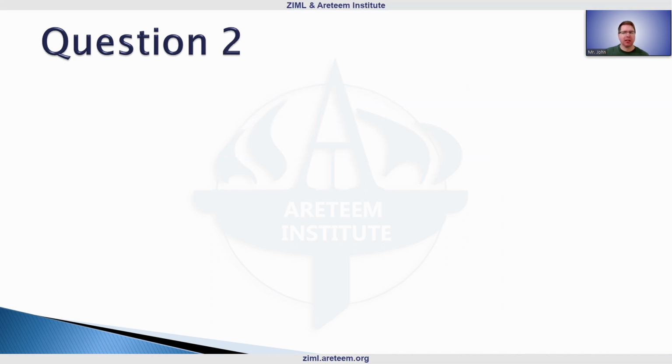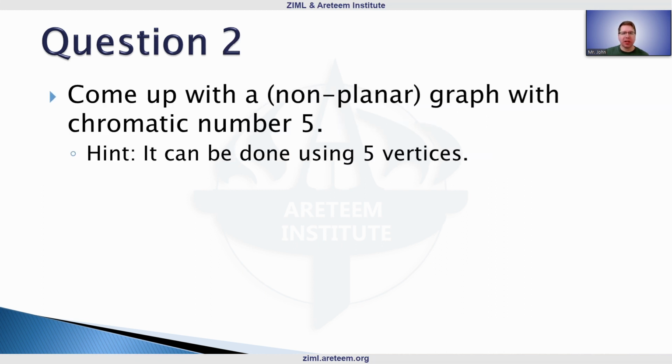Now, I want to do a little bit of a preview as well of non-planar graphs. Try to come up with a graph with chromatic number 5. It will have to be non-planar, right? You don't need to worry about that so much though. So you can almost ignore that portion of the question. You can come up with a graph with chromatic number 5. By the 4-color theorem, it will have to be non-planar.